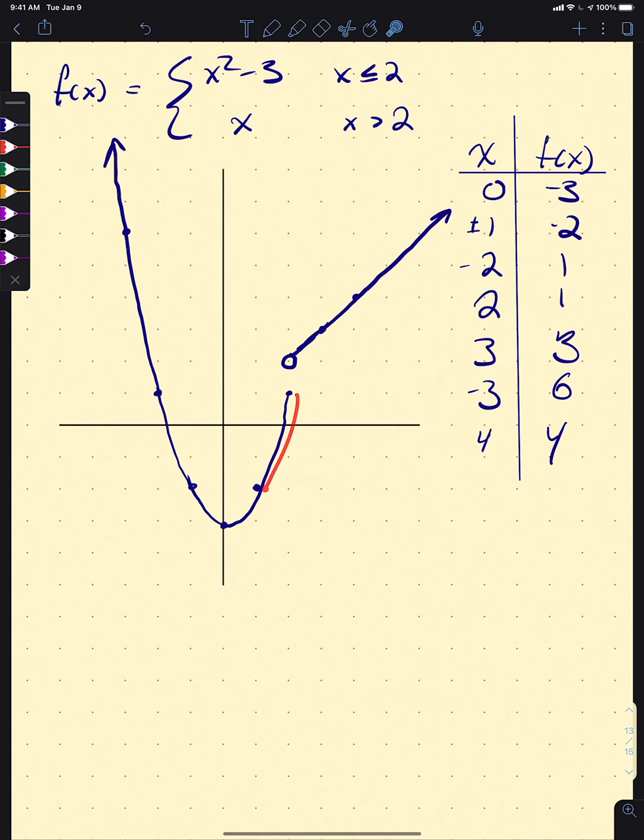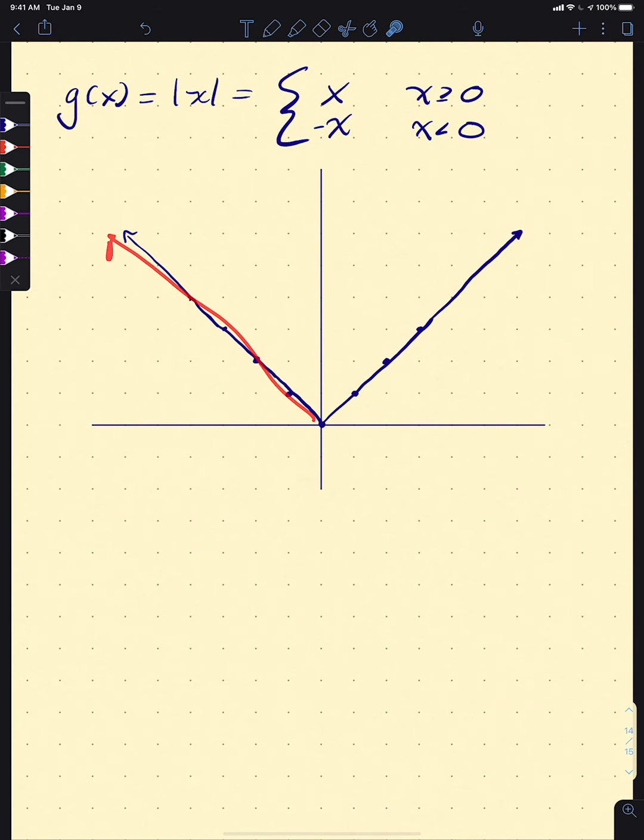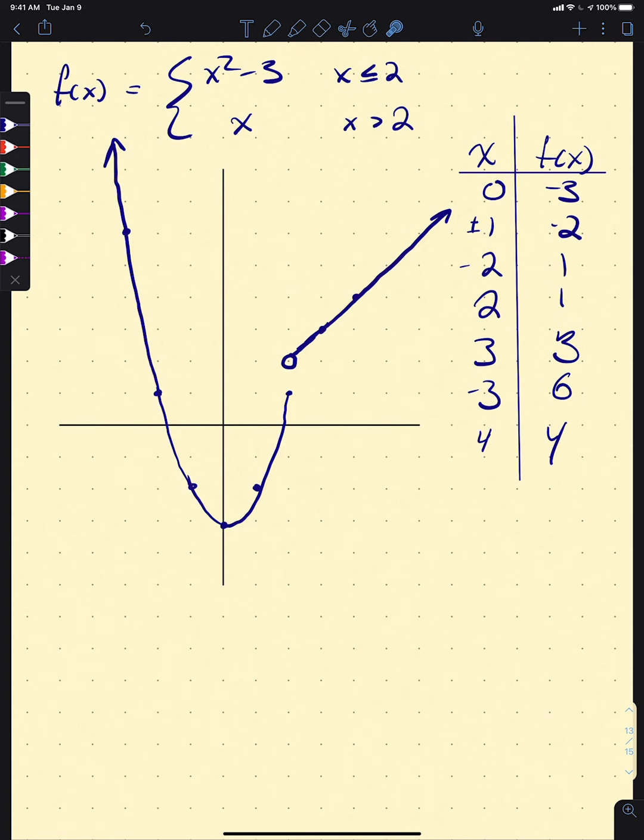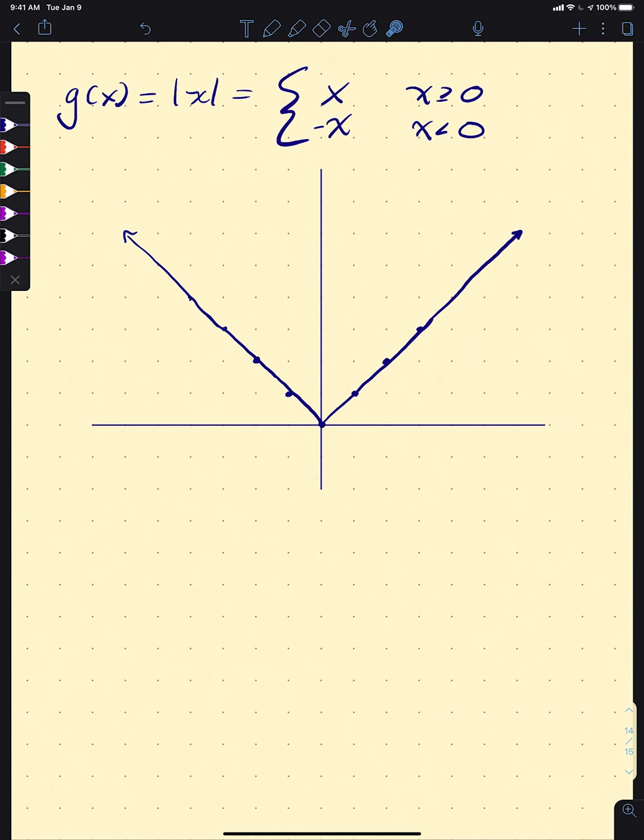So one of the biggest differences between this one and this one, besides the fact that we have a parabola here and a line here, is here we have this big jump, and here we don't. And that gets at this idea of something called continuity. What continuity just means is that you can put your pencil down or pen, or whatever drawing instrument you choose, and you can draw the whole graph without picking it up.